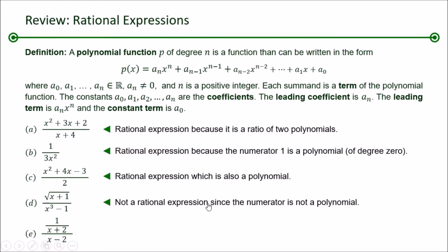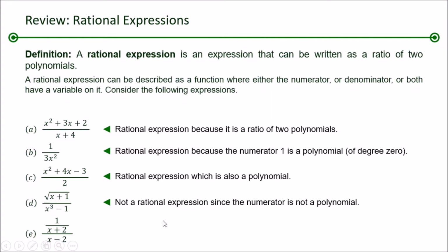The constants a sub 0, a sub 1, a sub 2, and so on up to a sub n are the coefficients. The leading coefficient is a sub n. The leading term is a sub n x raised to n, and the constant term is a sub 0. For emphasis, we take note that n is a positive integer.